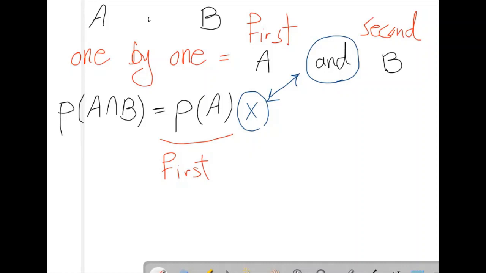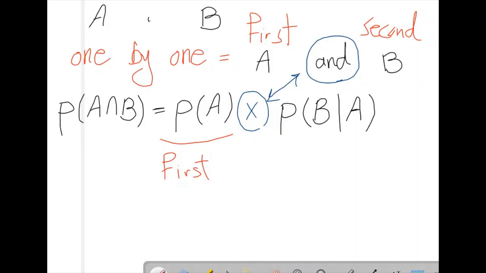Now we know that A has occurred previously. So we are going to use the conditional notation for showing the probability of B. So the probability of B, given that A has occurred previously.